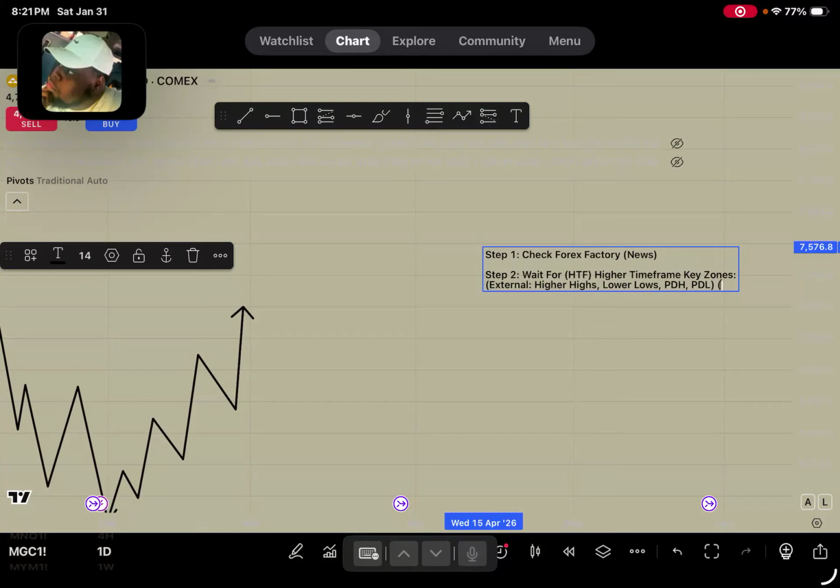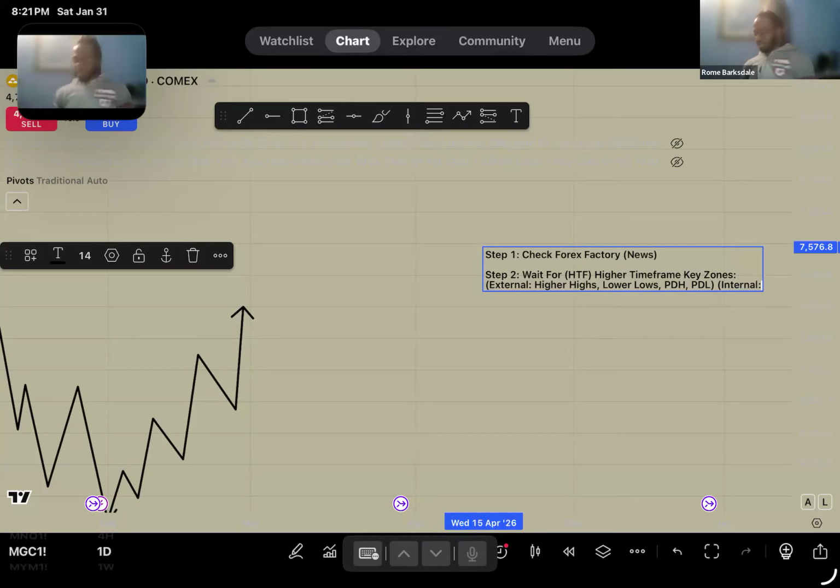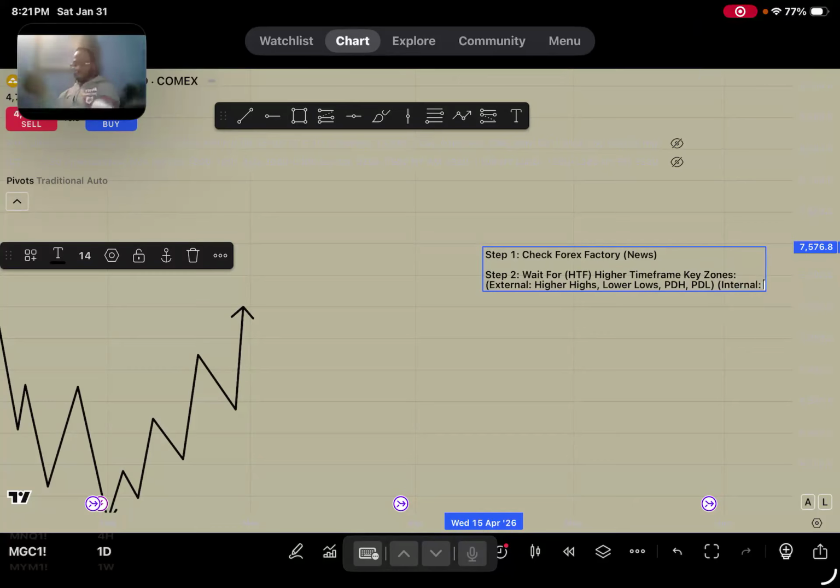Then you have your internal, which, and I'm gonna have this checklist. I'm gonna have a whole checklist and stuff for y'all too.